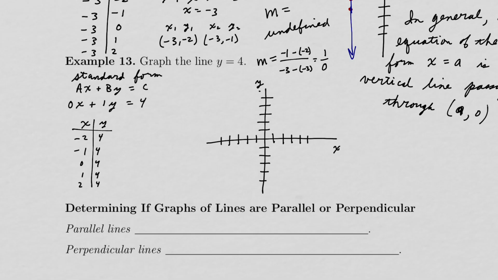That'll be here somewhere. Negative 1, 4, 0, 4, 1, 4, 2, 4. Notice now this is going to be a horizontal line. So y equals 4 is a horizontal line.